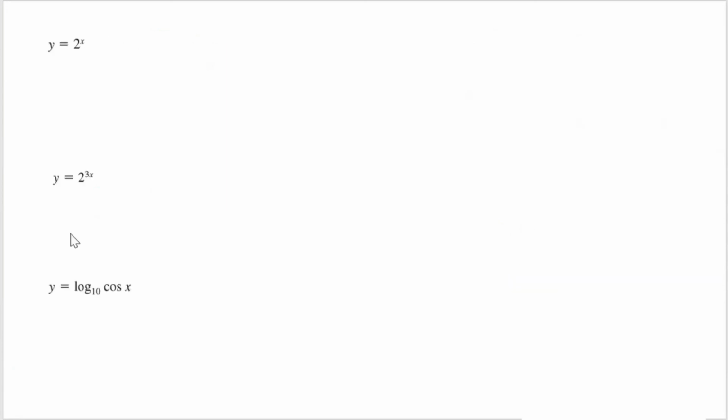So next we have y is equal to 2 raised to x. Okay, so what's the derivative of that? We are using here the formula for d over dx of a raised to u, where a is a constant and u is your x. According to the formula, the derivative will be ln of a times a raised to u times u prime.